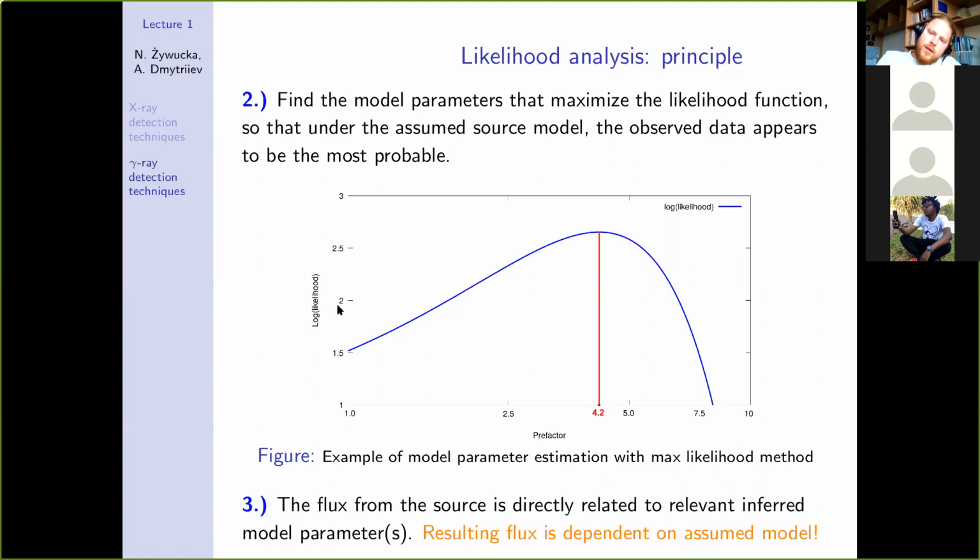So the rule is that the natural logarithm of the likelihood function has to drop by 1/2 for the likelihood ratio. This is where the results below that are regarded as less likely, almost not likely. And this will be the 1 sigma errors.